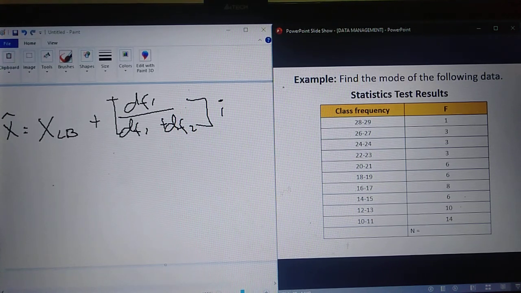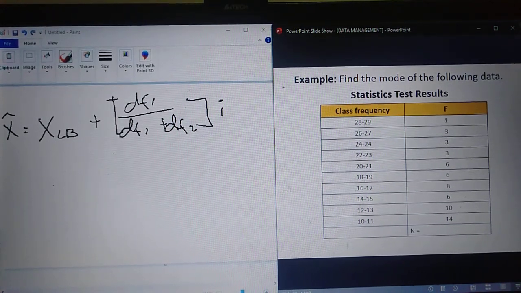Sa ungroup naman, sorry, I repeat. Kapag sa ungroup, ang may pinakamaraming ulit, yun yung mode. Sa group naman, ang may pinakamataas na number ng frequency, doon tayo magfo-focus para makuha yung mode.